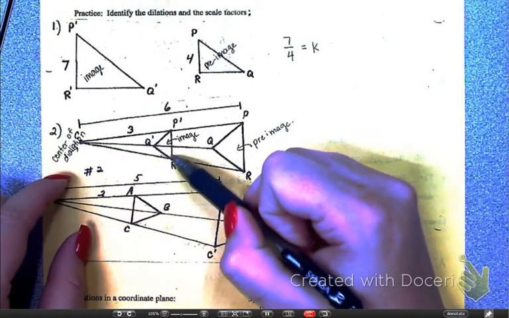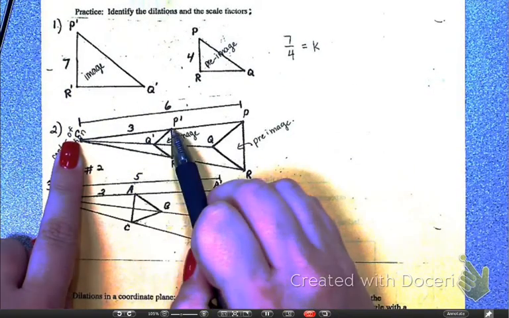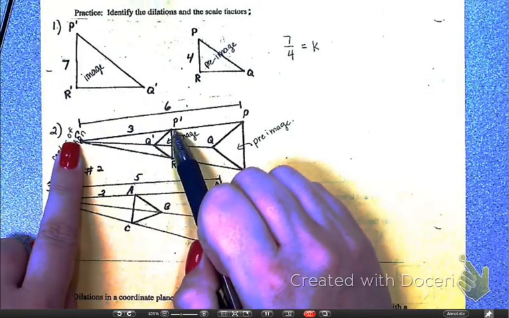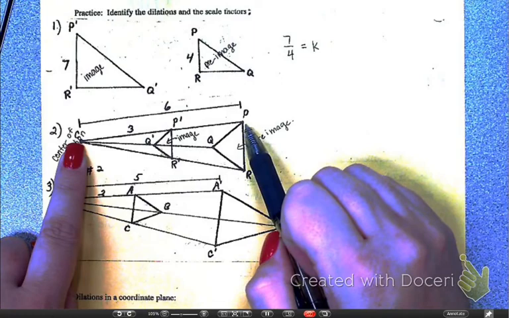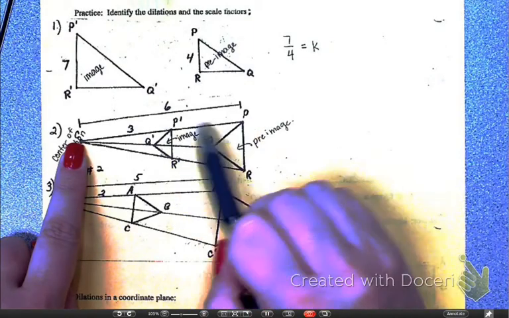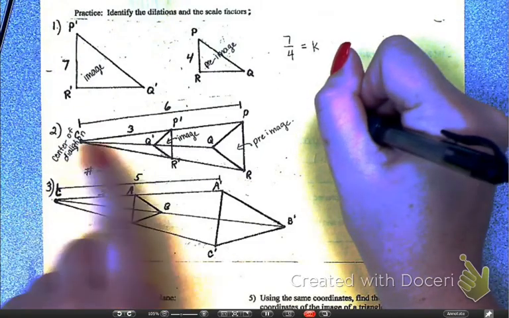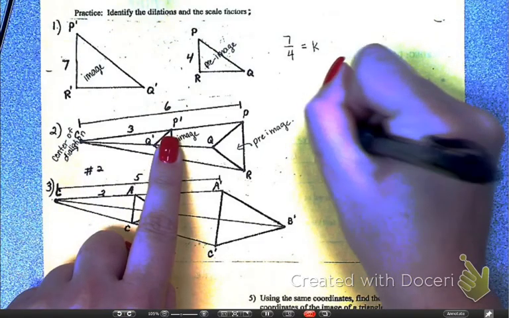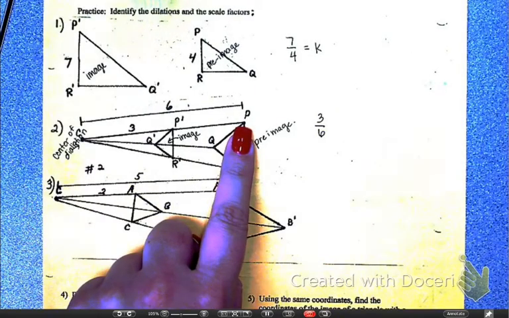We don't know the side lengths of the triangle, but we know the distance from the center of dilation to my image, and we know the distance from the center of dilation to that same point on my pre-image, right? Because they're both point P. So it's the image, which has a length of 3, and then my pre-image has a length of 6.